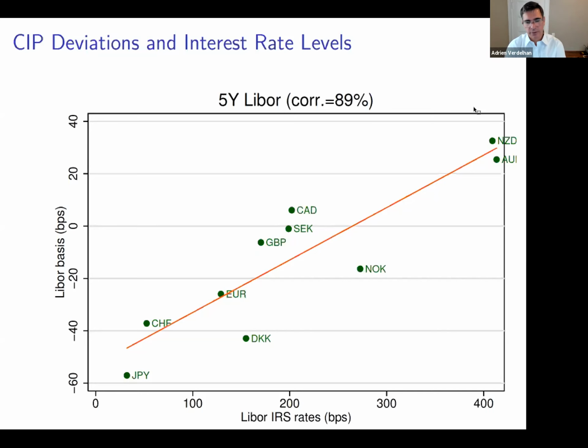A hedge fund can go to its prime broker or a bank and say, look, this is the strategy I would like to play. Can you lend me a lot of money at the end of the quarter? And the bank is going to say no. Or the bank is going to charge them an interest rate that is so high that it basically eats up all the CIP profits. Because of course the banks can do it themselves. They just don't need the hedge fund to do that.